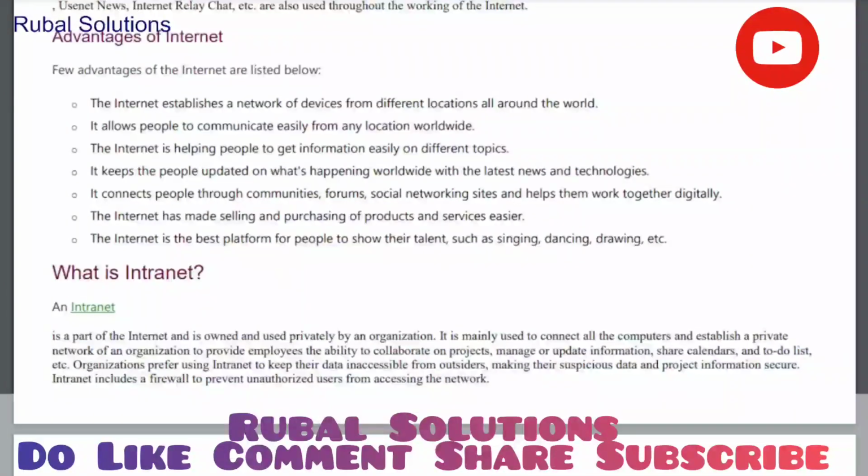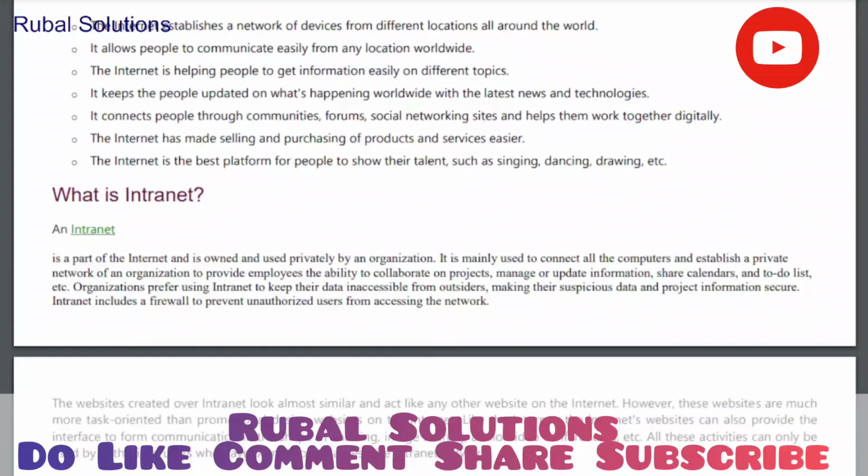What is intranet? Intranet is the part of internet and is owned privately by the organization. It is mainly used to connect all the computers and establish a private network of the organization to give employees the ability to collaborate on projects, manage or update information, share calendars and to-do lists.